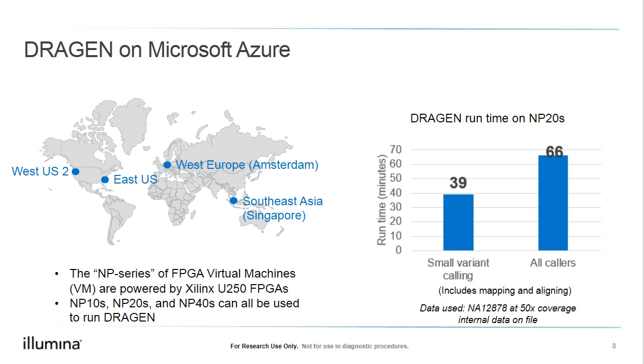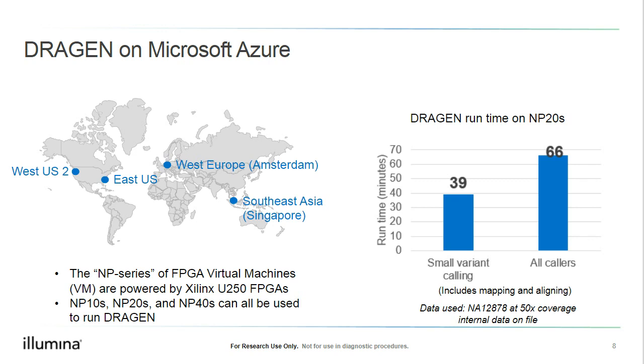There are 3 types of machines that Microsoft has deployed. They are referred to as NP10, NP20, and NP40, and all of them can use DRAGEN. In terms of CPUs, the NP10 machine has 10 CPUs, the NP20 has 20, as the name says, and then there are differences in terms of memory, storage, and even the number of FPGA cards.